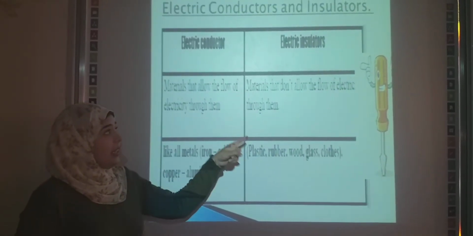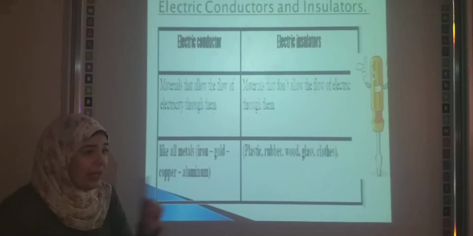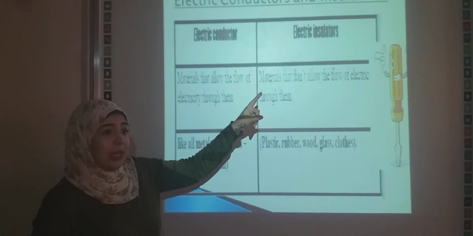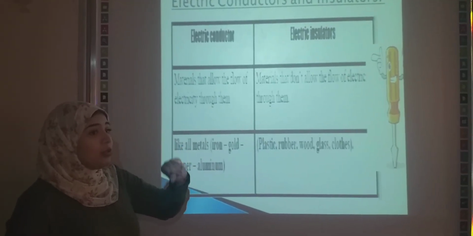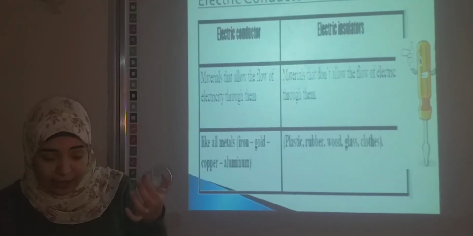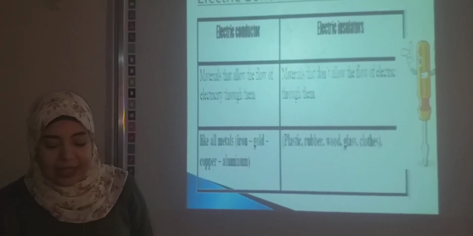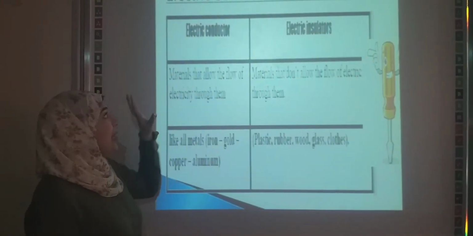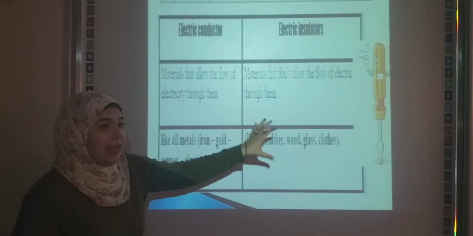And the materials which don't allow electricity to pass through them, we call electric insulators or bad conductors of electricity, like glass, like plastic, like wood. So we have two types of material: electric conductor and electric insulator.